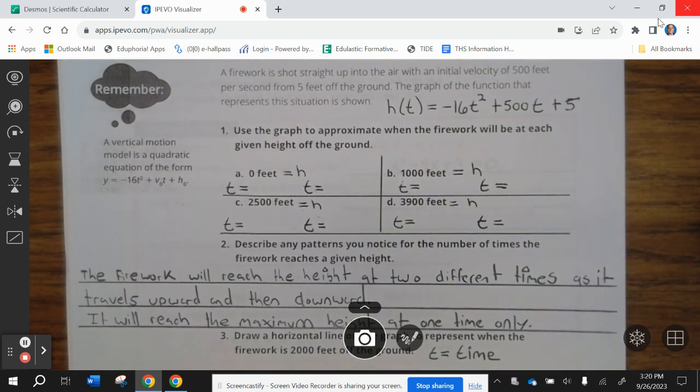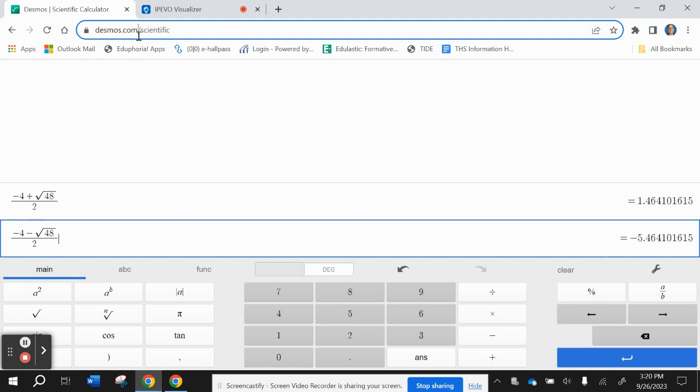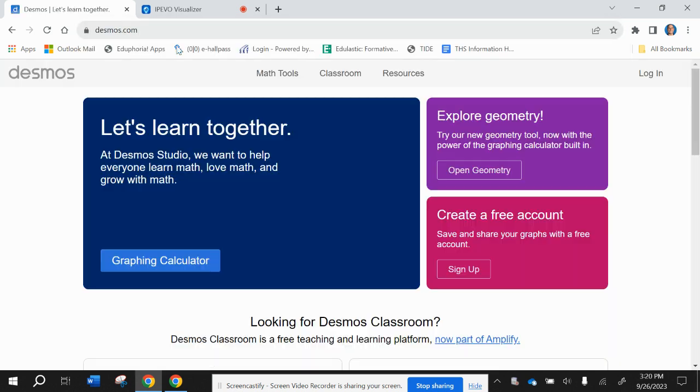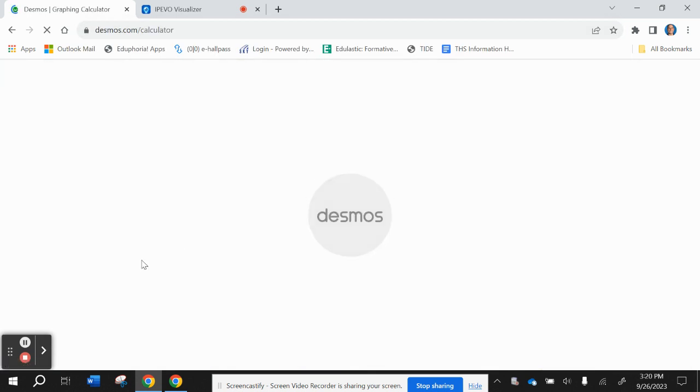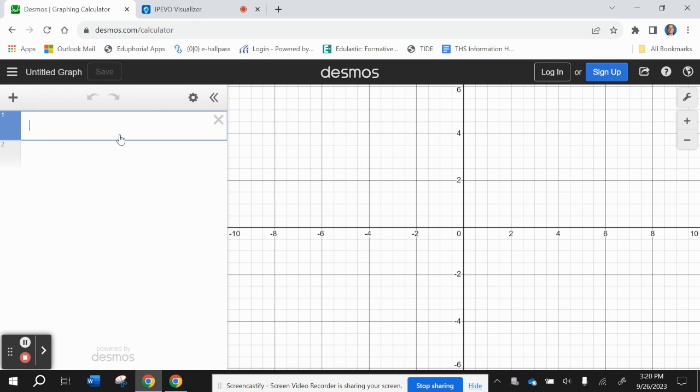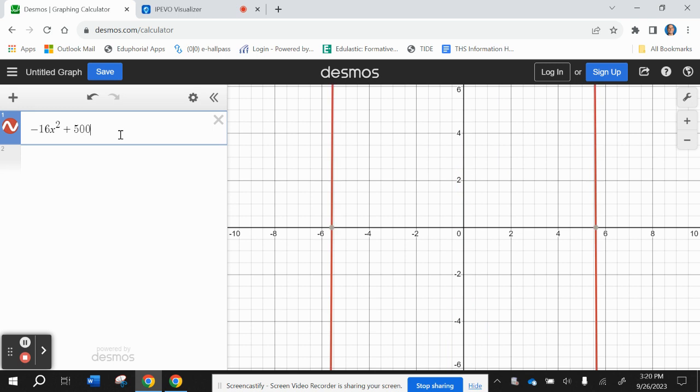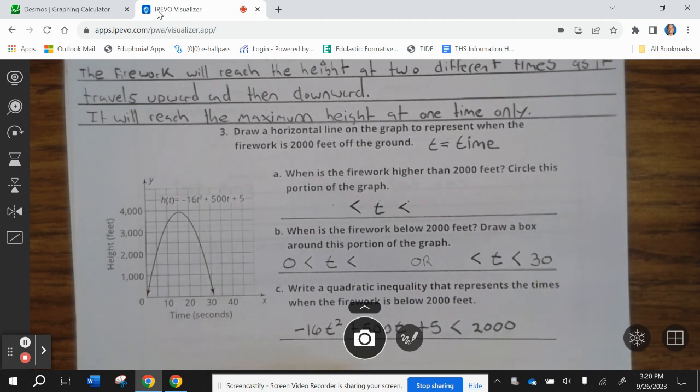So let's go ahead and graph this. I'm going to go to the Desmos graphing calculator. Negative 16. We have to use x instead of t. Negative 16x squared plus 500x plus 5. Now, we don't see our graph, so we need to adjust our window.